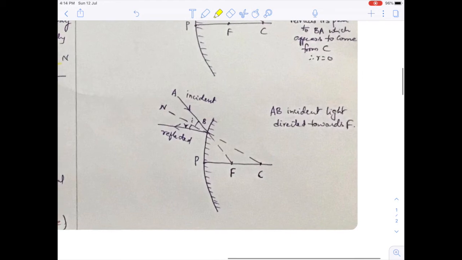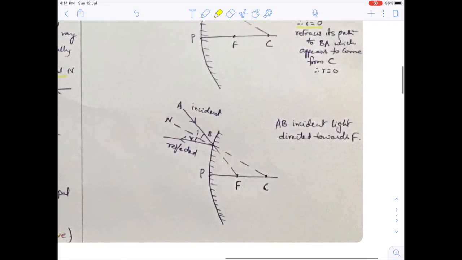Now let us see the case of the convex mirror. Again, a ray AB which appears to come from F or is directed towards F is incident. This is AB, the incident light. Then a line passing through C becomes the normal, and it gets reflected in this direction, which will be parallel.